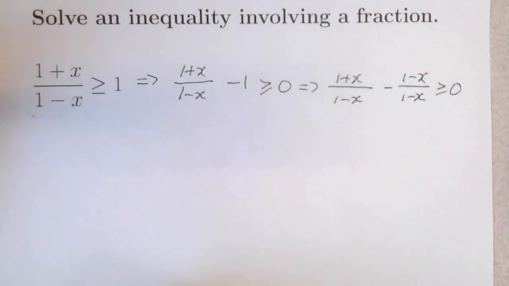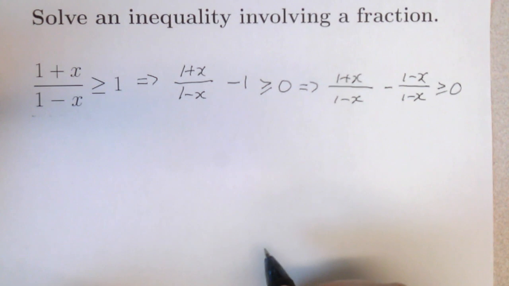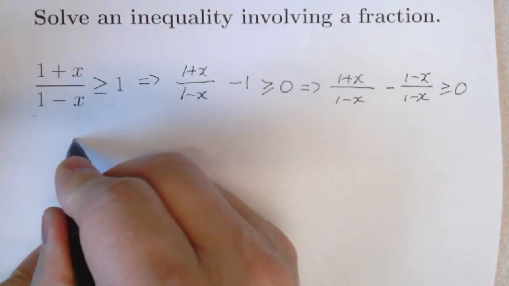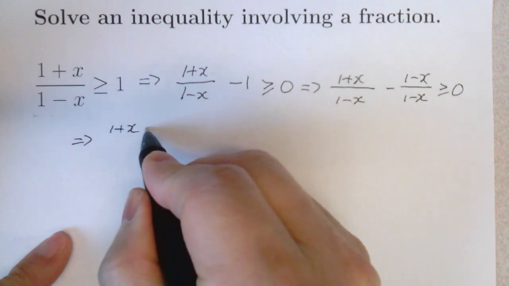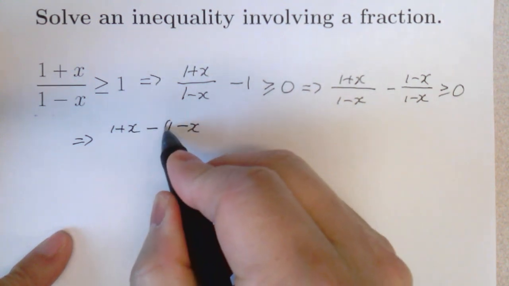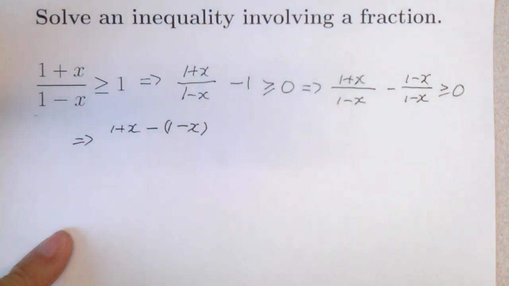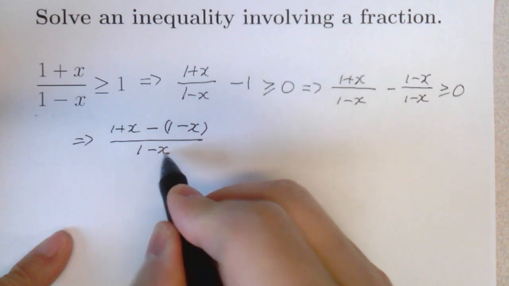We write 1 as (1 minus x) divided by (1 minus x). So now we combine these two fractions together. So we have (1 plus x minus (1 minus x)), the whole thing, and make sure you put a parenthesis there, divided by 1 minus x, greater than or equal to 0.